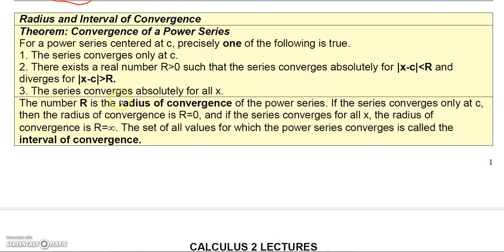Now the radius of convergence is the distance from c. So if the series converges only at c, then the radius of convergence is 0, and if the series converges for all x, the radius of convergence is infinity. And the set of all values for which the power series converges is called the interval of convergence.